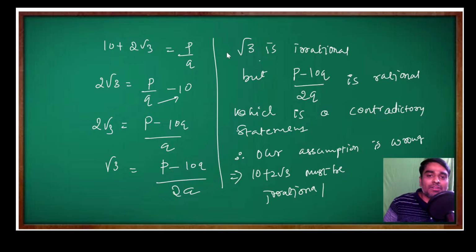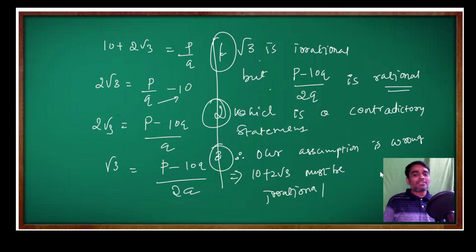These are the statements. First statement, root 3 is irrational but P minus 10Q by 2Q is rational. Second statement, which is contradictory. Third statement. These three statements are compulsory. Every question of this type we will write these statements.